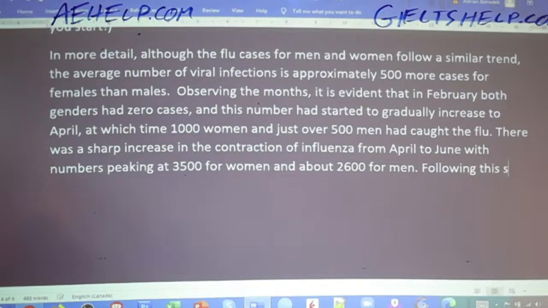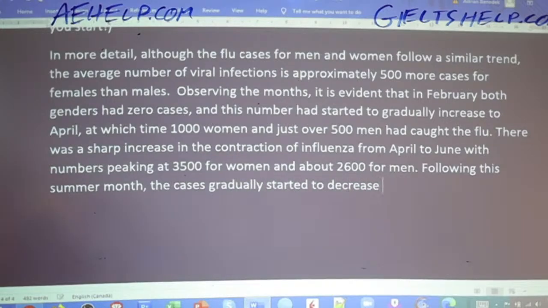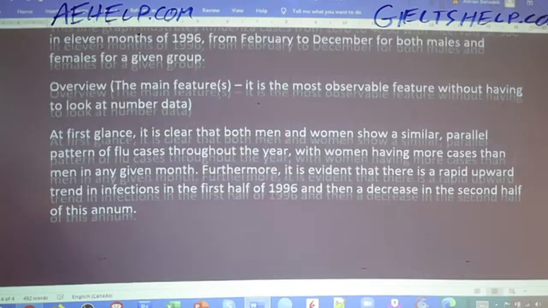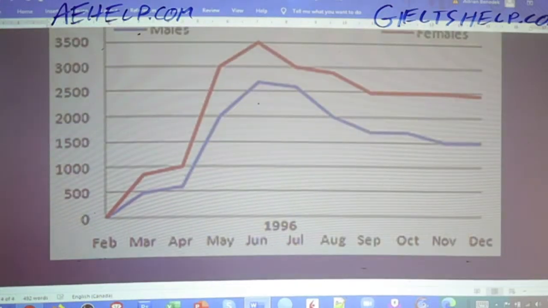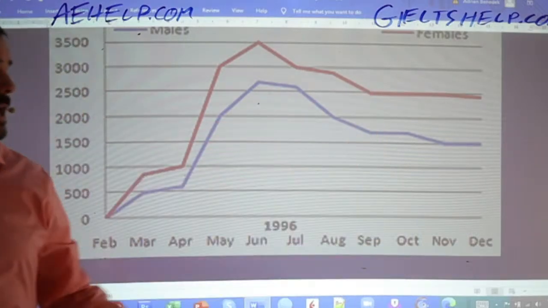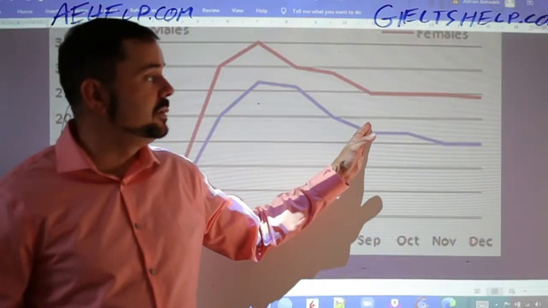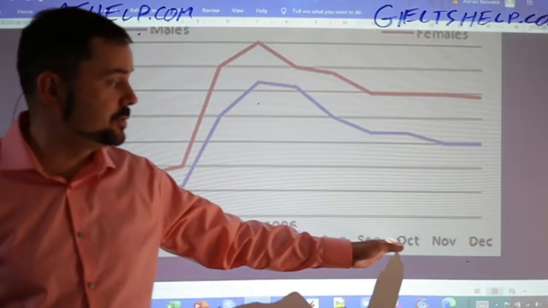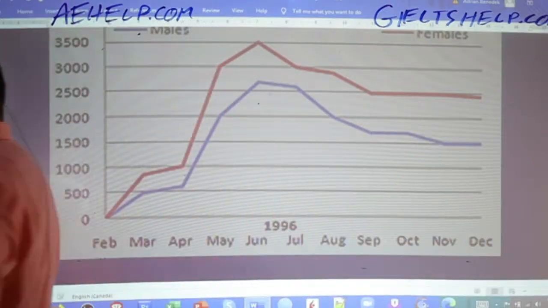Following this summer month, the cases gradually started to decrease until September, right? You're at September, and then began to level out over the next 3 months till the end of the year. Okay?